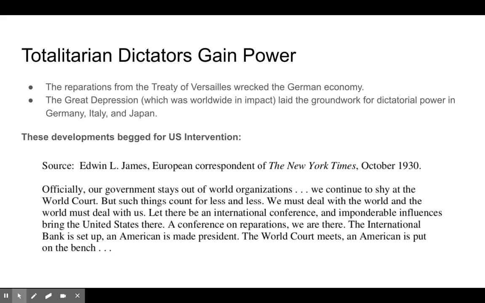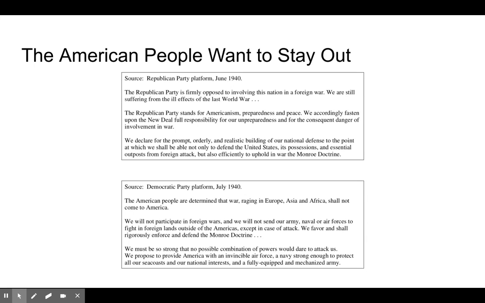But do we want the responsibility of intervening and policing? Most American people say no, even up to 1940. If you look at these two excerpts, we're in the summer of 1940, and the American people want to stay out. By 1940, World War II has actually already started.